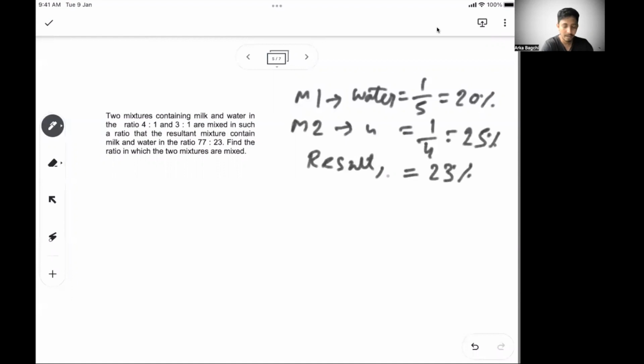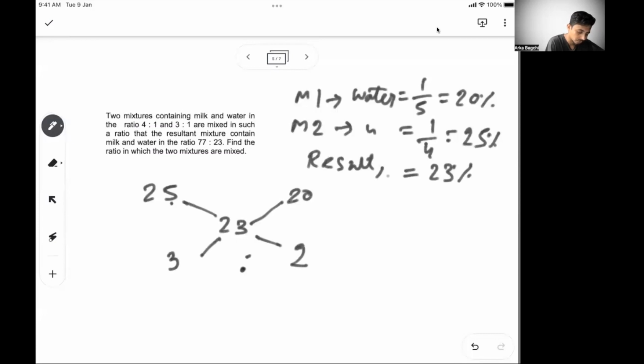That means 23 by 100, so 23%. So again, if I do this, 25, 23 is the result and 20 is the other mixture. In the mixture containing 25% water, the quantity should be 3 units, and 25 minus 23 is 2.